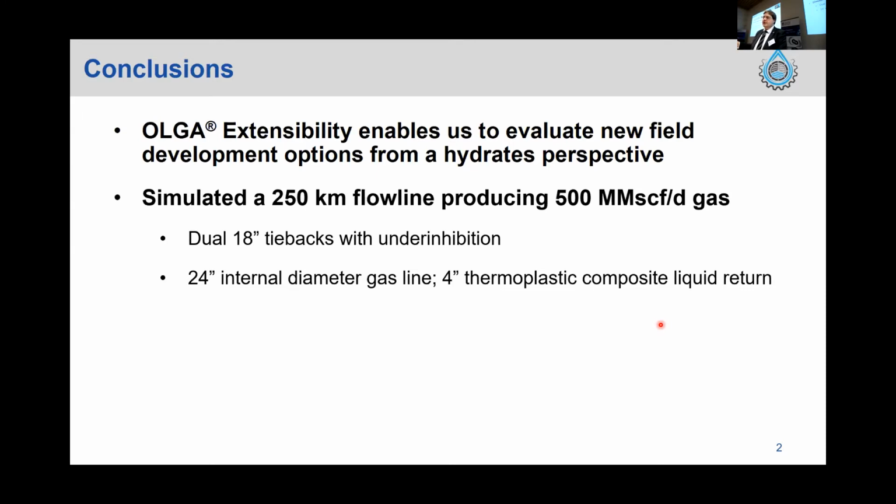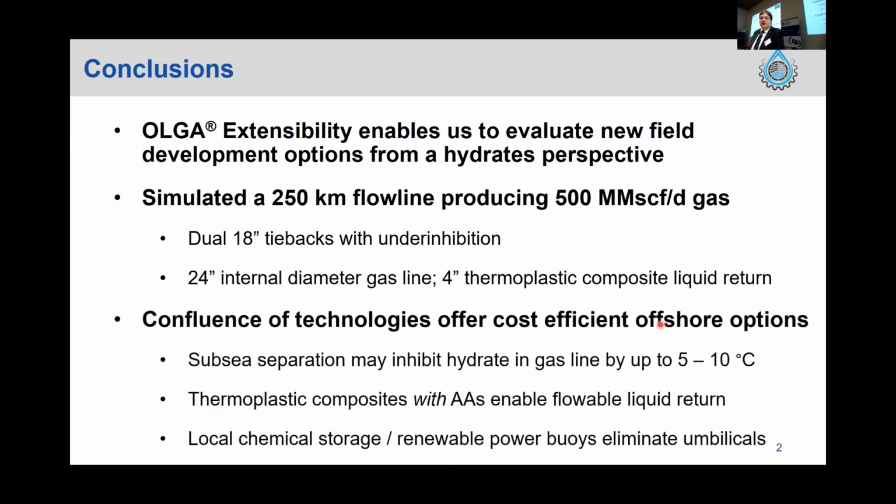And then secondly, we'll take a look at our advanced development concept, and this is basically subsea separation. So in that case, you wind up with two lines, firstly a gas line, and then separately a smaller pure liquid line. And what we find is that by approaching this particular concept and then adding in a few new and interesting things, so these thermoplastic composite pipelines with anti-agglomerants, allow us to do some interesting things with the liquid phase.